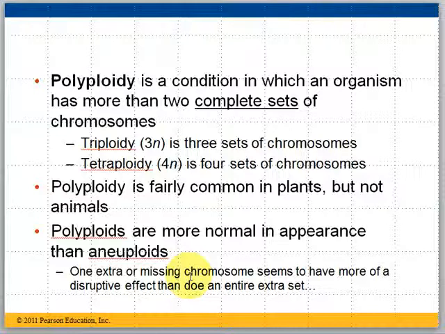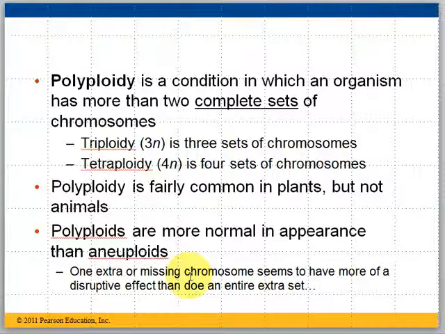So it's better to have a full extra set of chromosomes than it is to have 1 extra or 1 missing chromosome out of the entire set. So one extra or missing chromosome seems to have more of a disruptive effect than having a full entire set. So it's better to have a duplicate of the matched whole set than it is to have one out of that entire set be wrong or incorrect.